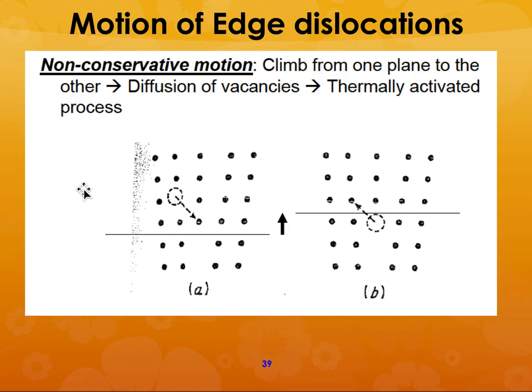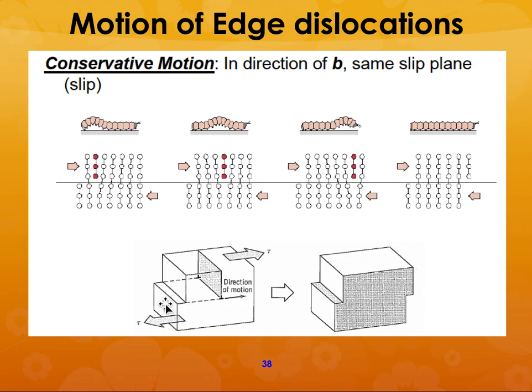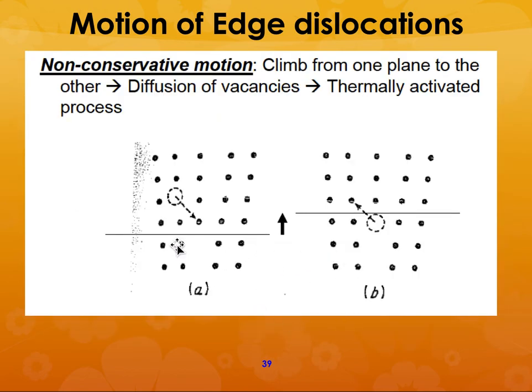So suppose you heat up this material, you can also have those edge dislocations move from one location to another in the lattice. In the previous case, you're only moving it in one direction, which is parallel to the direction of the force. But if you apply heat or temperature to this material, that dislocation can move from one location to another just by the diffusion of the atoms.